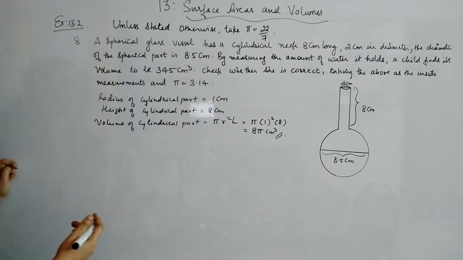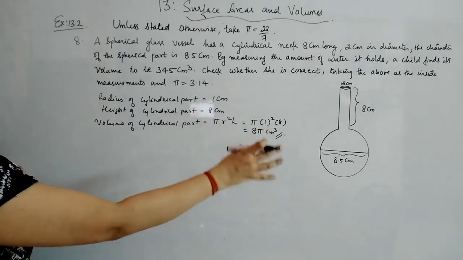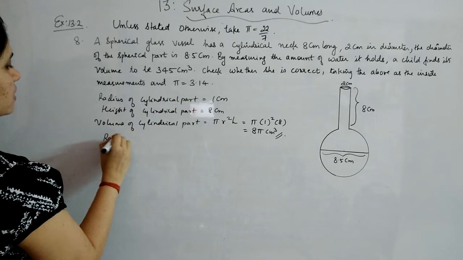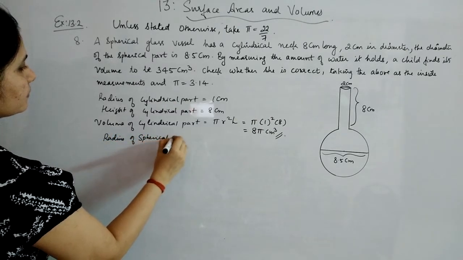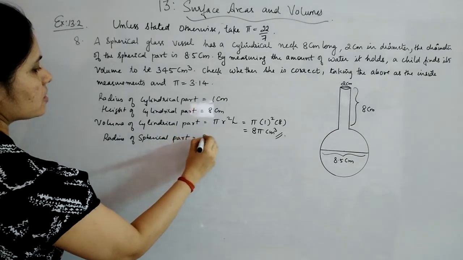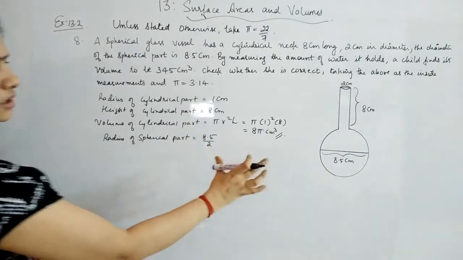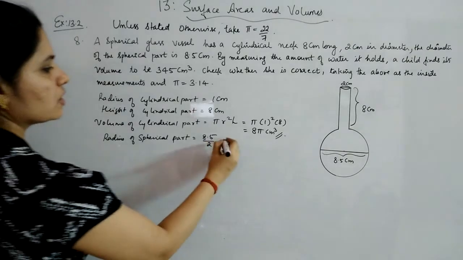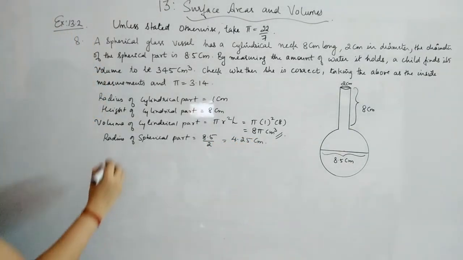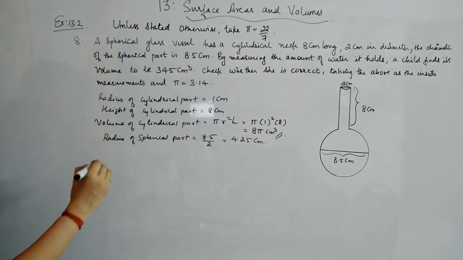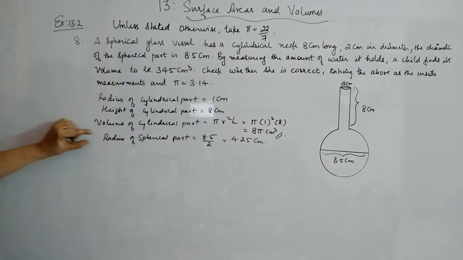Now we will start with the volume of the spherical part. For that, what is the radius of the spherical part? It is 8.5 by 2. This is given to be the diameter 8.5. So you are getting 4.25 centimeters as the radius of the spherical part. And what you need? Volume. Volume is 4 by 3 pi r cube.